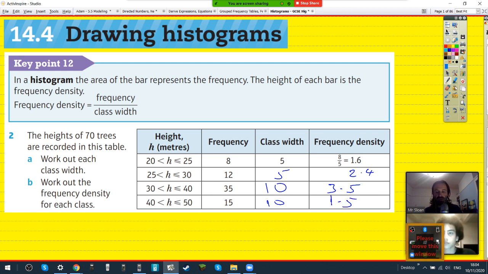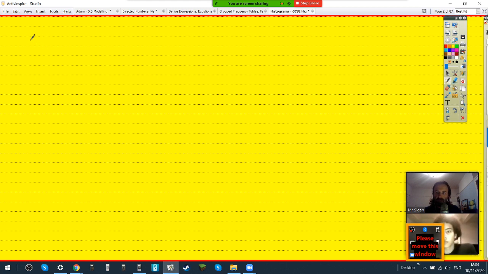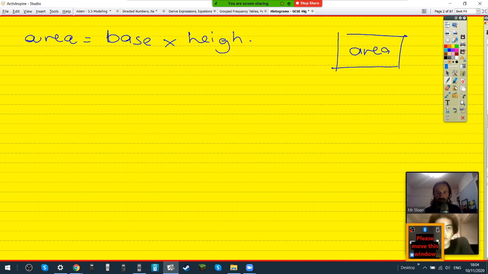What is that all about? That gives you the height of each bar. Area of a rectangle. How do you find the area of a rectangle? Base times height.